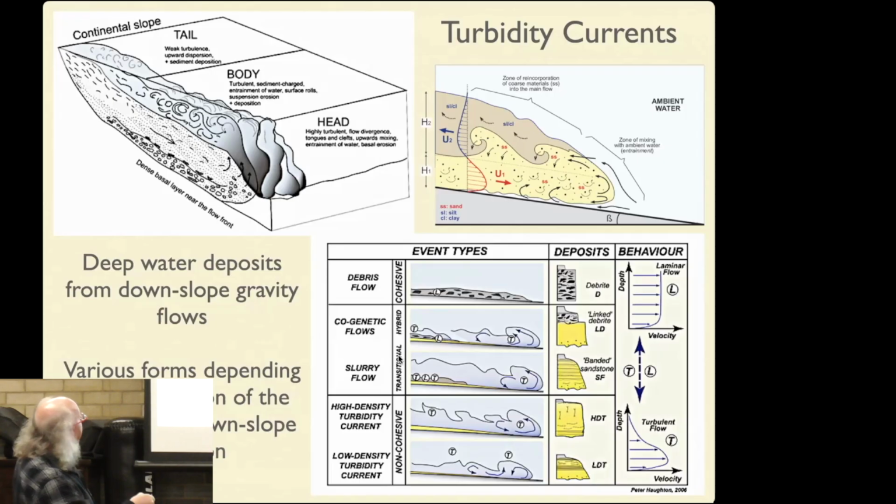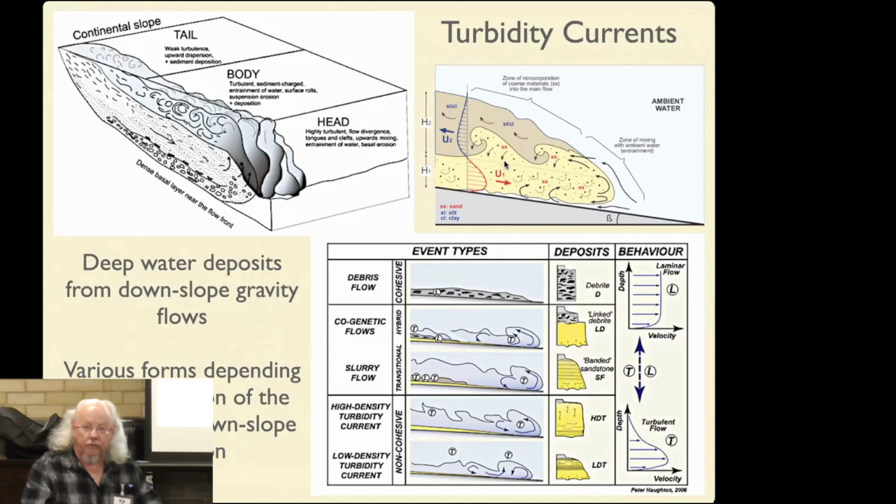basically the head, the front of the turbidity current here, is very turbulent. And what it will do is it will erode what's underneath, and that will become entrained within the flow itself.